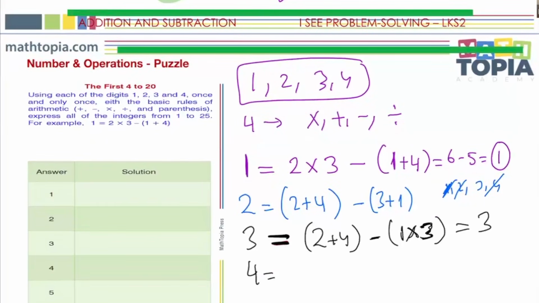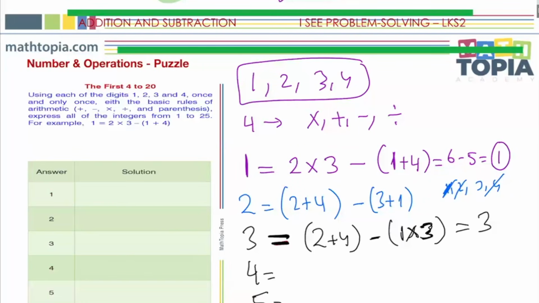So how do we get 4? And then we will get 5. Okay, think about 4. Okay, let's see.